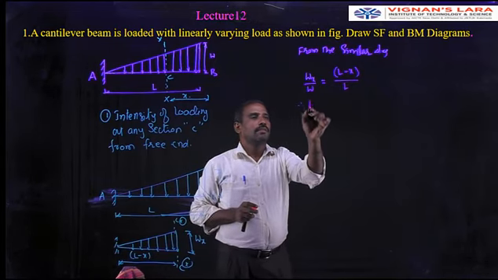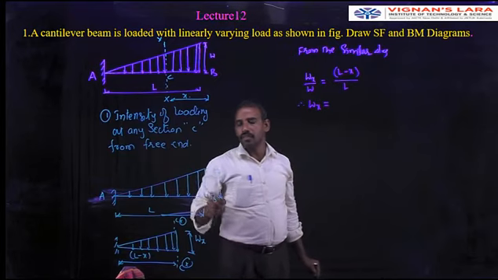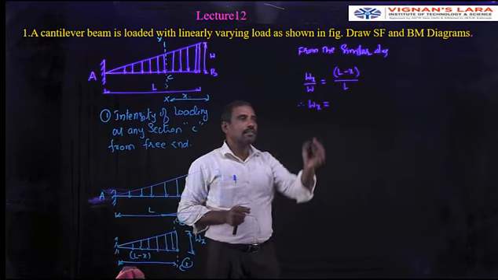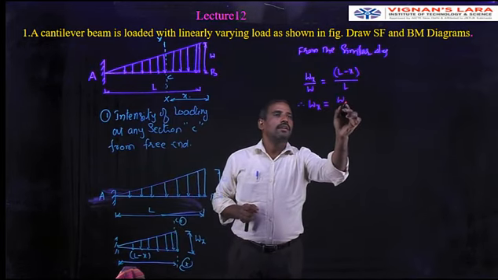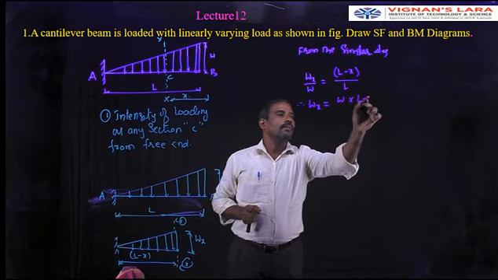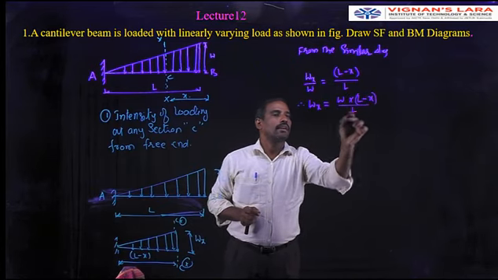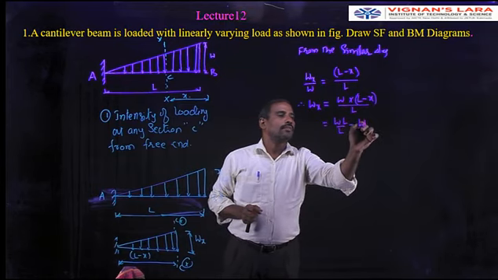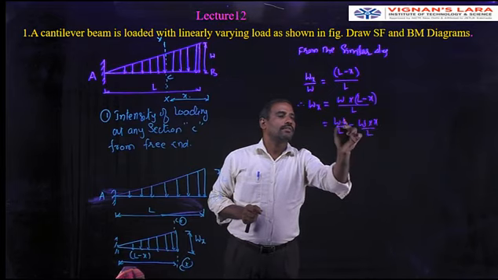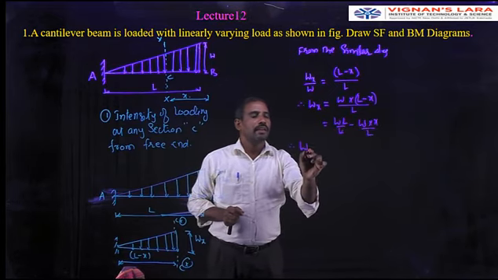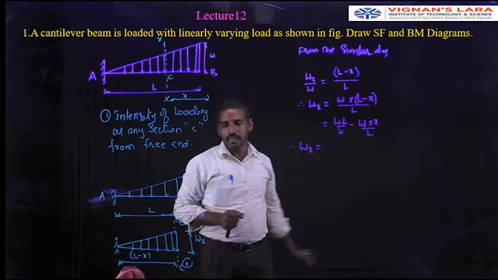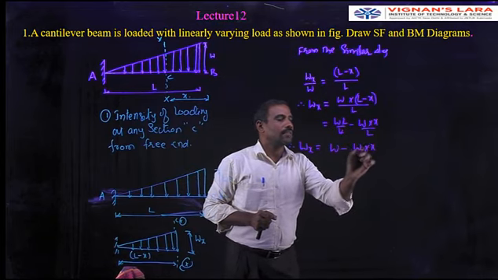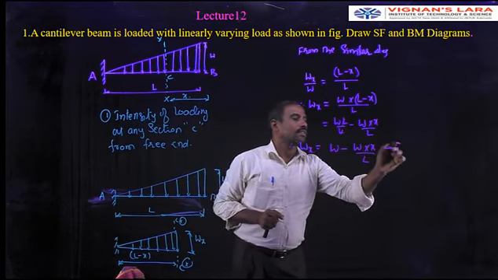Therefore, W suffix X, the intensity of load at a particular position from the free end, is equal to W into L minus X divided by L, that is equal to WL by L minus W into X by L. So, the intensity of load at a section XX is W minus W into X by L. Say this is equation number 1.